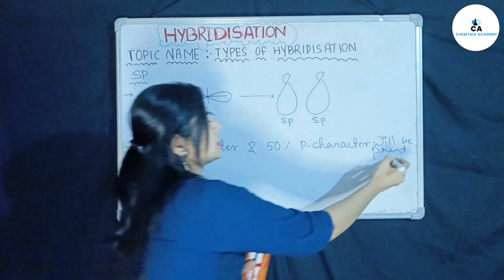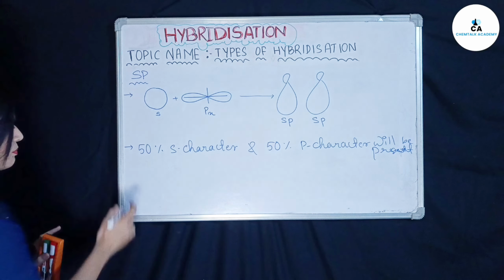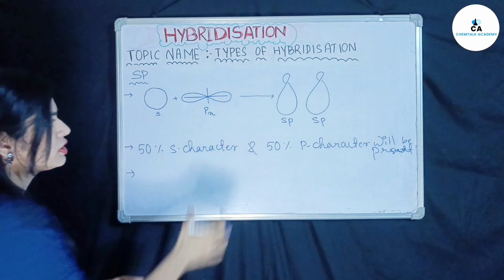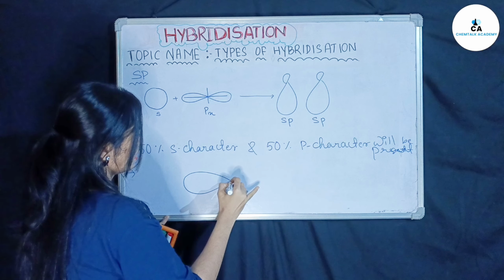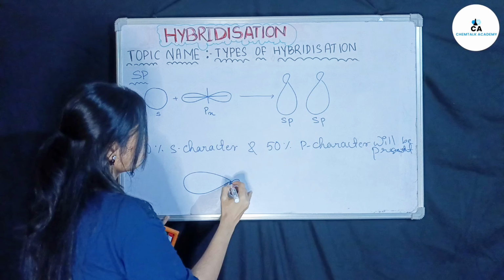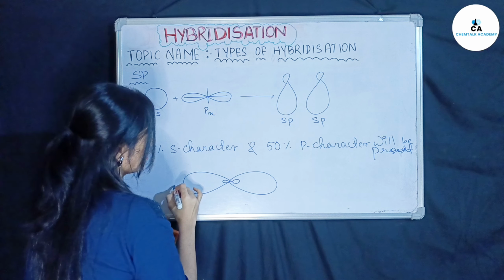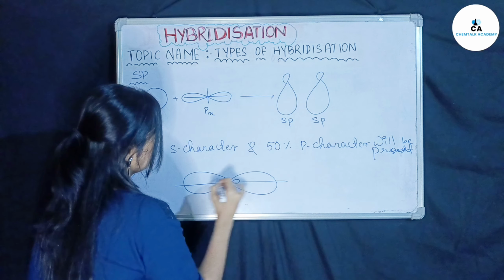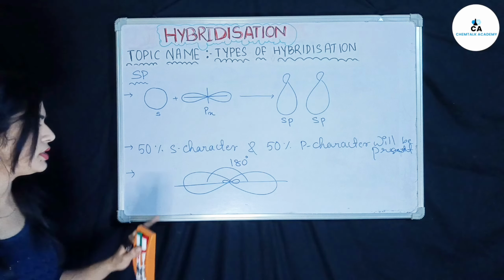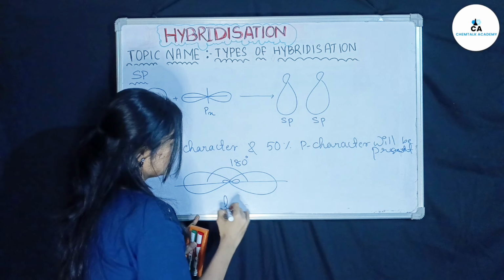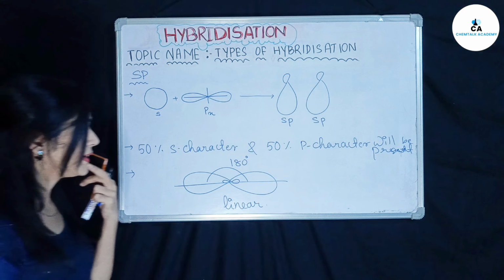Its structure is linear. This is one hybrid orbital with its smaller lobe, and this is another hybrid orbital. Their bond angle will be 180 degrees, and the geometry we say here is linear.